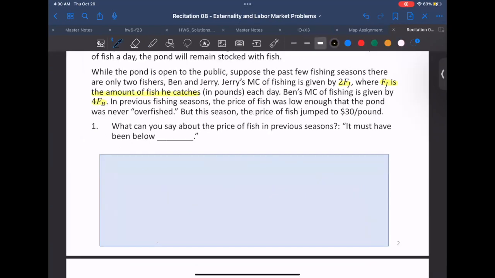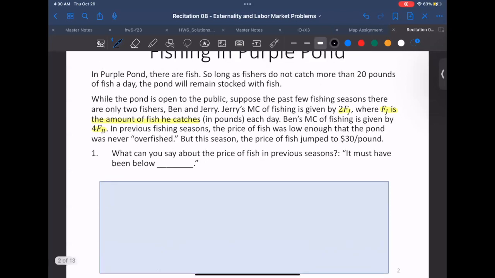Let's try to work this out. If the pond wasn't overfished, then that means that Ben and Jerry were catching less than 20 pounds of fish. As long as fishers do not catch more than 20 pounds of fish, the pond will remain stocked with fish.